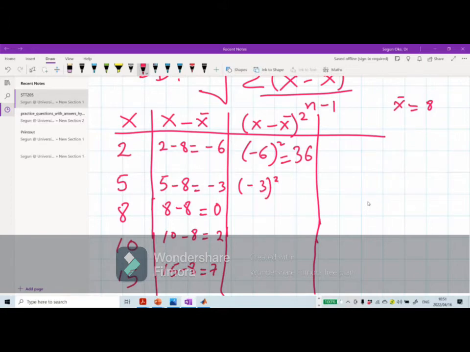Minus 3 squared is 9. 0 squared is 0. 2 squared is 4. Then 7 squared is 49. I hear somebody say 14. 7 squared is 49.